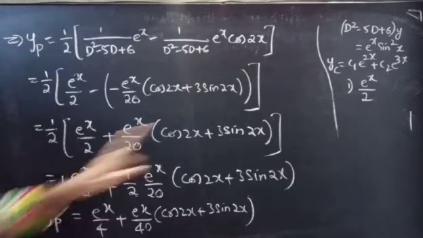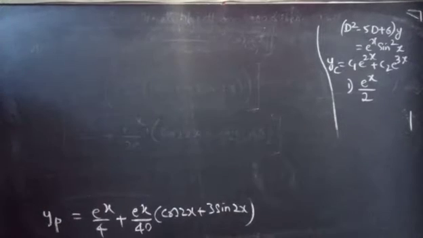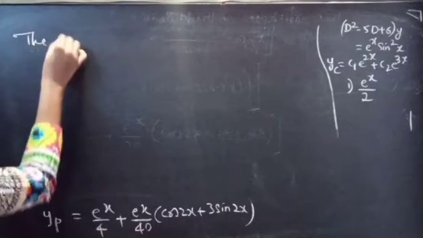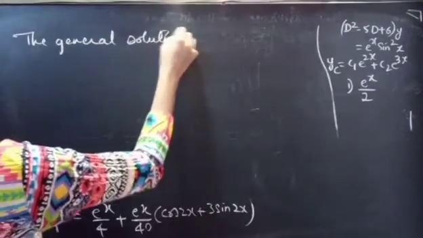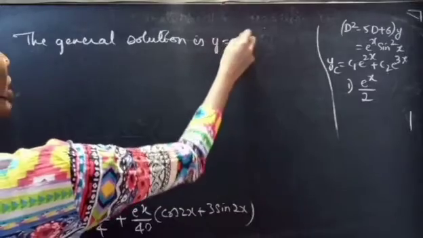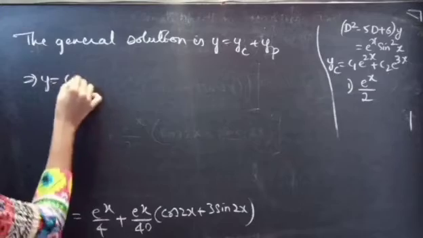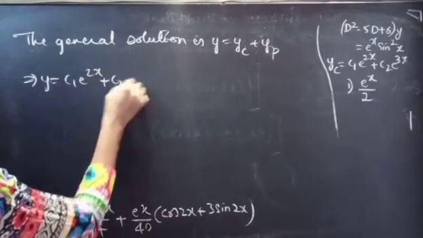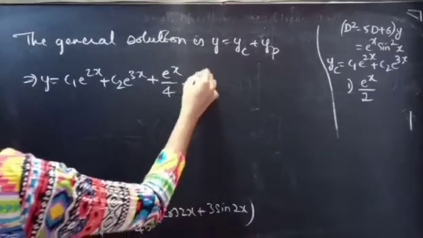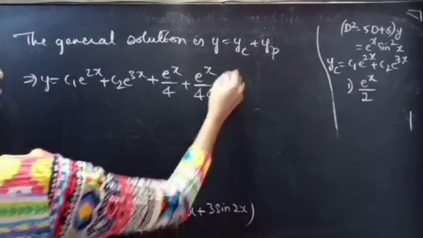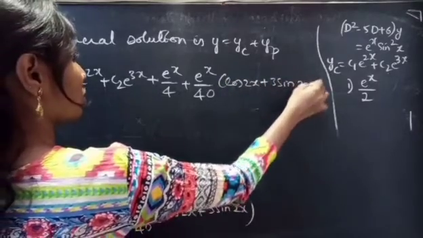So we got yc and yp. Now we can write the general solution. The general solution is given by y equals yc plus yp. Then y equals, we have yc, c1 e power 2x plus c2 e power 3x, plus yp, e power x by 4 plus e power x by 40 into cos 2x plus 3 sin 2x.